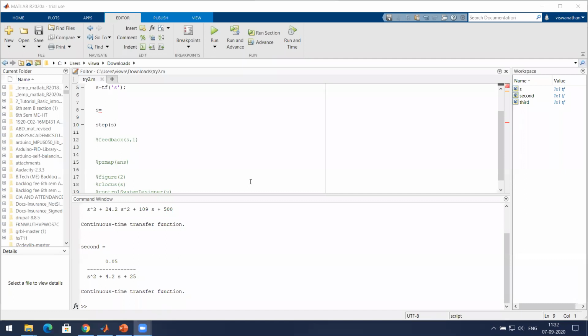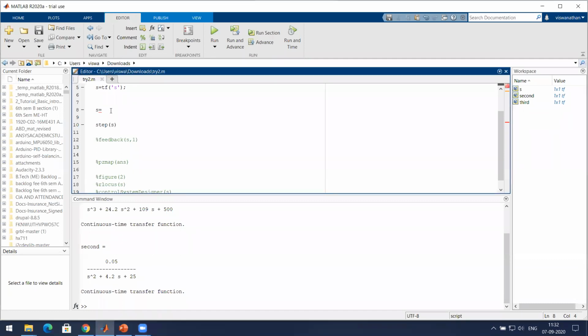Okay. Suppose you have a system having the transfer function (s plus 2) divided by (s square plus 2s plus 4) multiplied by (s plus 10).